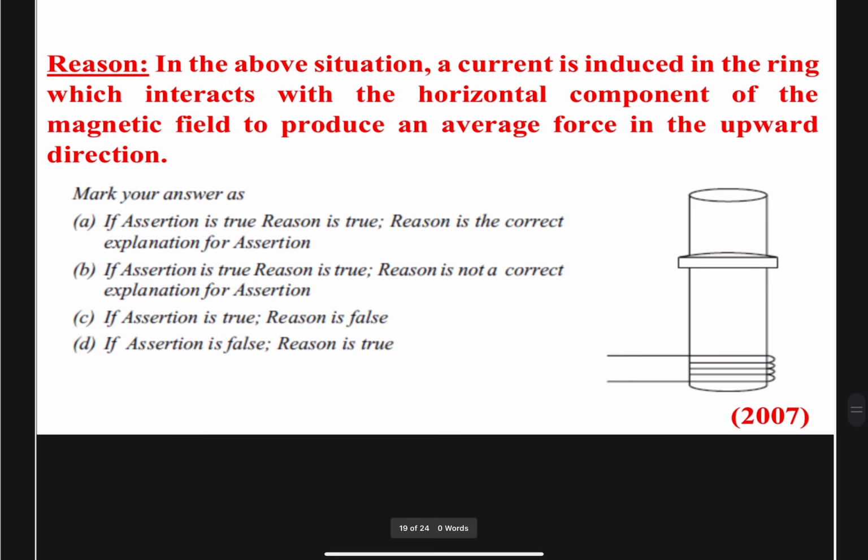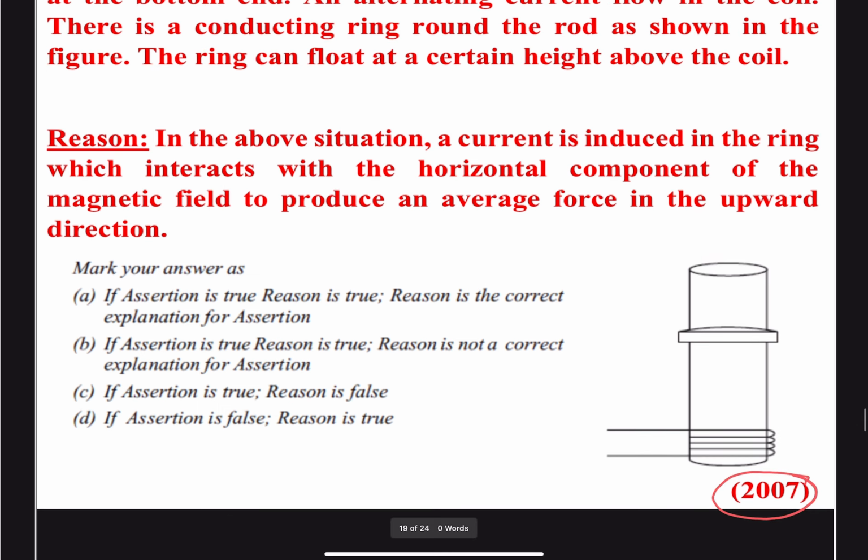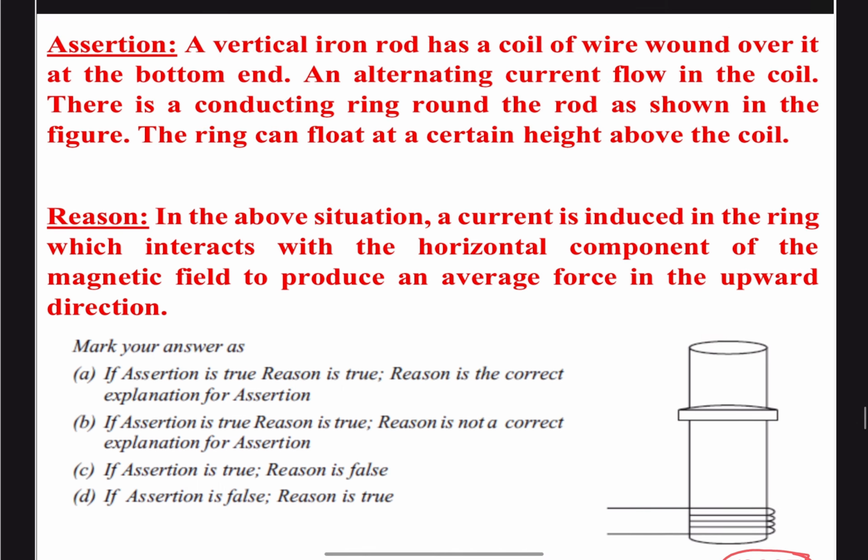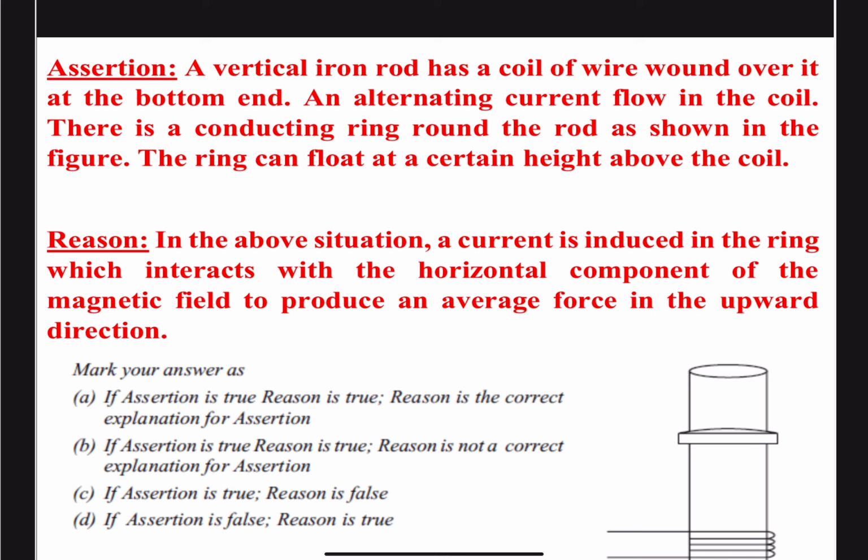And we come to the next question. It was asked in the year 2007, and it is based on assertion and reasoning. It states that the assertion is a vertical iron rod has a coil of wire wound over it at the bottom end. An alternating current flows in the coil.